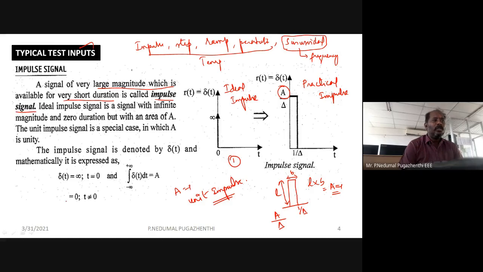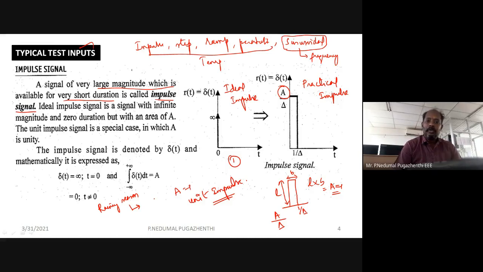Can you give me a practical example of an impulse signal which you can see during rainy seasons? A high magnitude, high voltage signal for a very short duration.